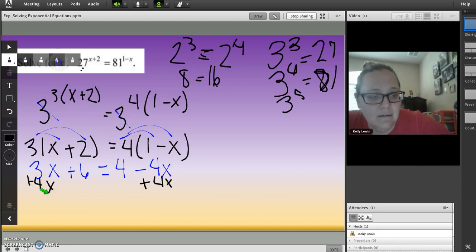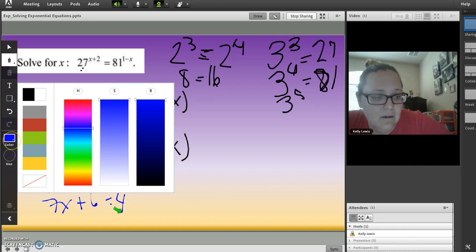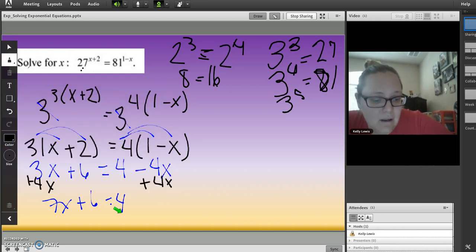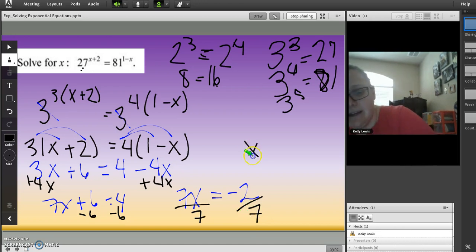I get 7x plus 6 equals 4. I'm going to subtract 6. I get 7x equals 4 minus 6, which is negative 2. Divide by 7. So I get x equals negative 2 over 7.